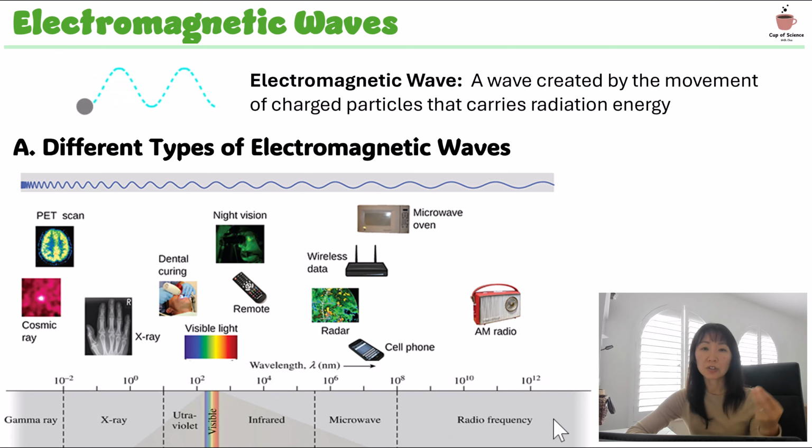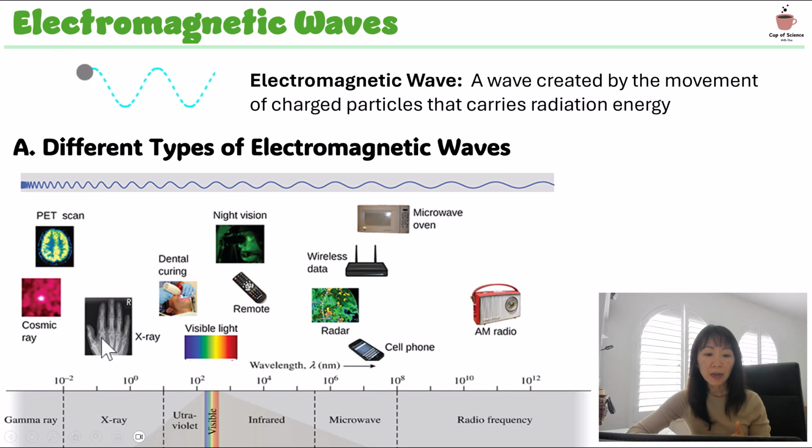I'd like to note just a few of the images above. Let's look at the microwave region. In the microwave region, we're looking at a wave that looks very much like this, and things like cell phones, your mobile device, and microwave ovens. These are all part of electromagnetic waves.